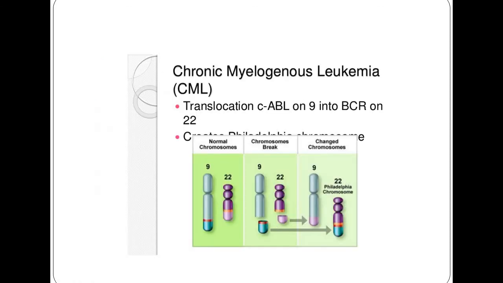This particular form of chronic myelogenous leukemia is due to a genetic change where the genes are translocated between chromosomes 9 and 22. Here the ends of the chromosomes are exchanged, and this kind of chromosome is called the Philadelphia chromosome.